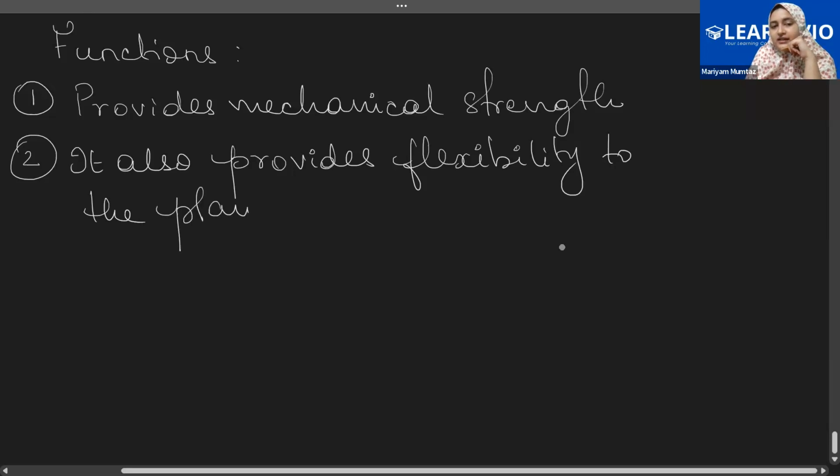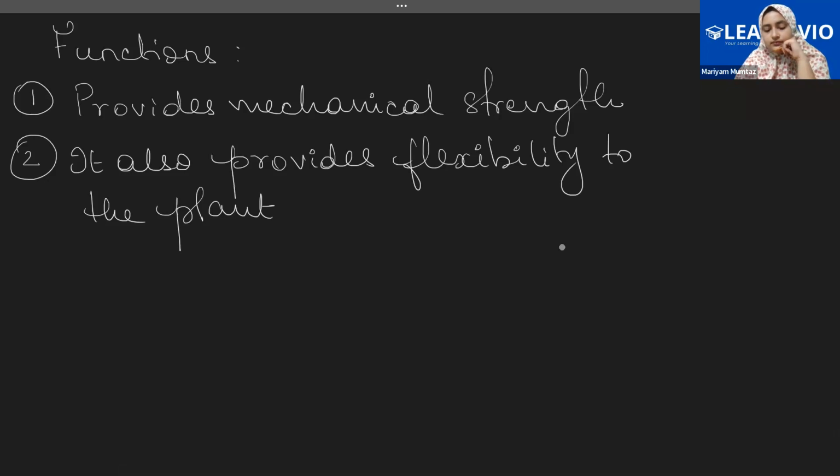Now, if a plant is flexible, then what will happen, students? Ma'am, can you repeat the question? If the plant is flexible, then what does it mean? How is it helping the plant? If it is providing flexibility, then how is the plant benefiting from this particular thing? How is flexibility a beneficial thing to the plant?